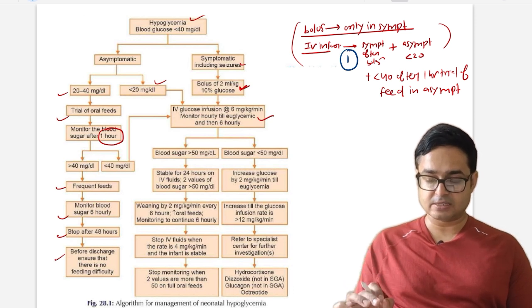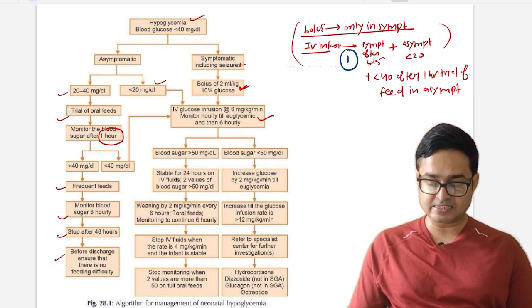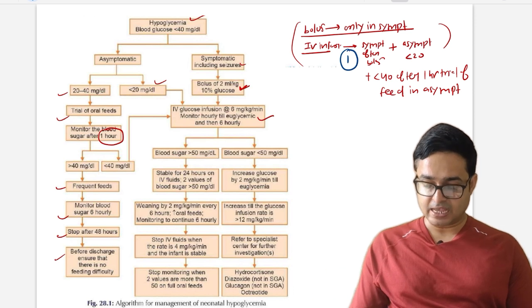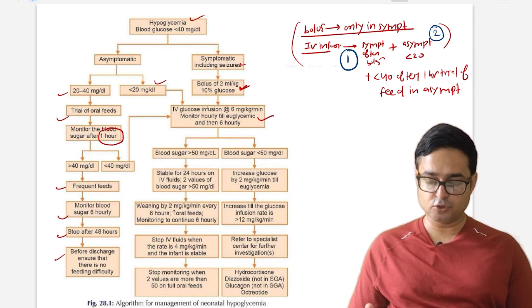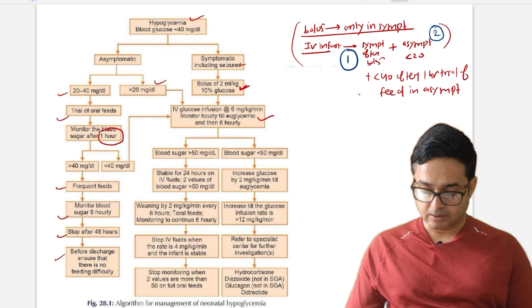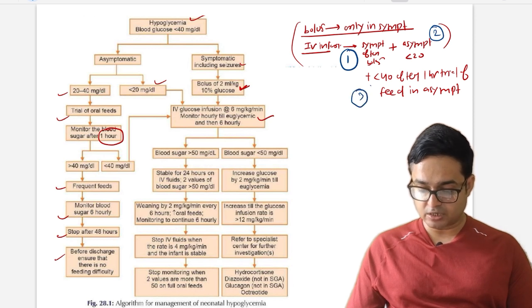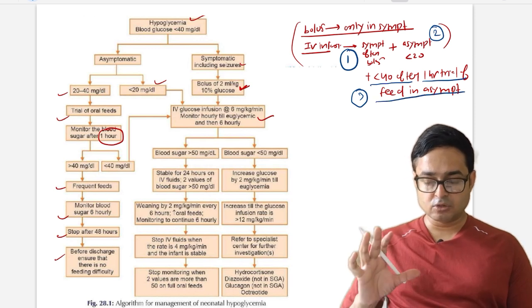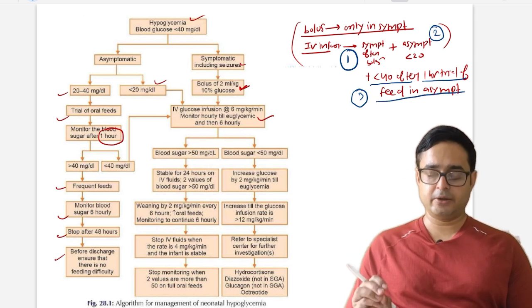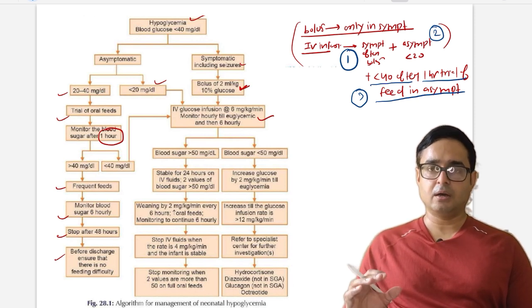Second, asymptomatic hypoglycemia in which sugars are less than 20, just start infusion. And third, blood sugar less than 40 milligram per deciliter after a 1 hour trial of feed in asymptomatic hypoglycemia. So these are the only three indications of starting IV infusion in newborns.